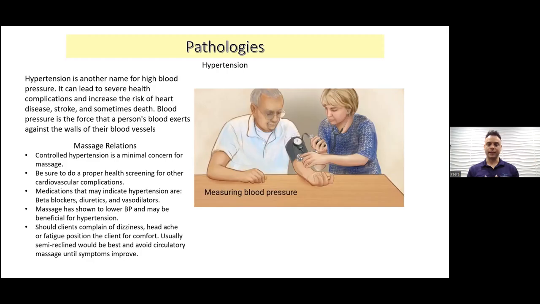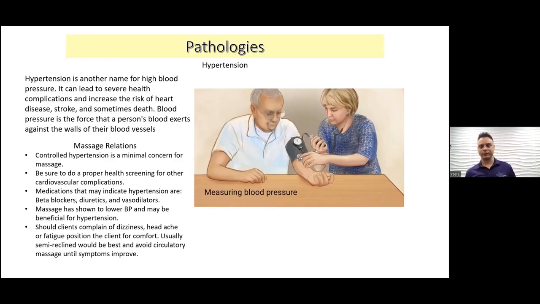And then of course, a relaxation massage could have a positive effect on their blood pressure at that time. So if you have persistent clients who come in with hypertension, it might be in your best interest to get yourself a blood pressure cuff, not the kind where you have to literally measure it by calculating the beats as you release pressure out of the cuff.